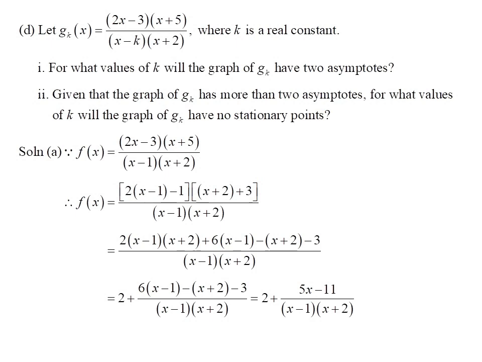After being expanded and simplified, the function f of x equals 2 plus the algebraic fraction 5x minus 11 over the product of x minus 1 and x plus 2. According to part A of the question, here a equals 2, b equals 5, and c equals negative 11.